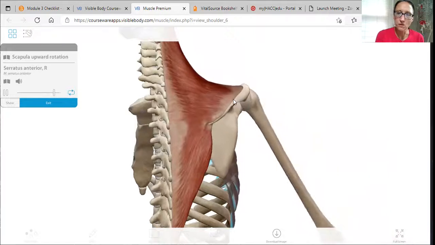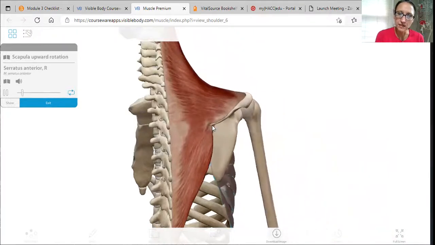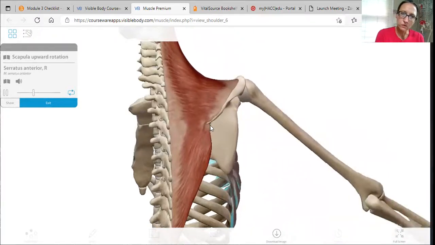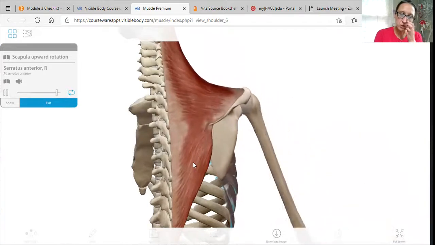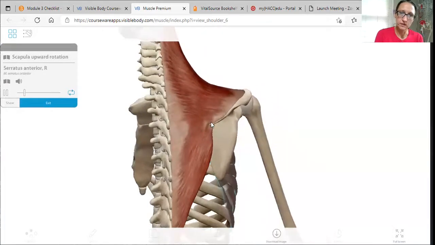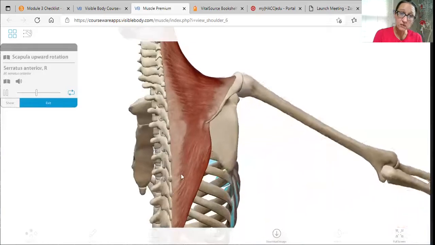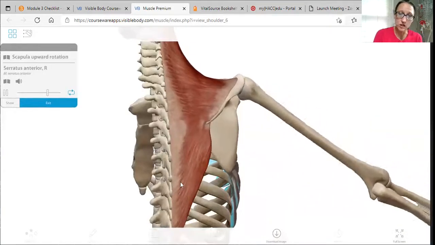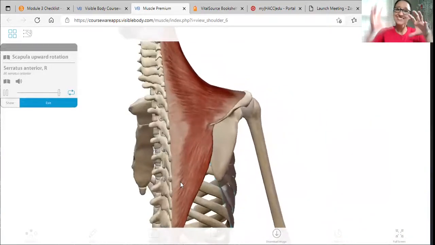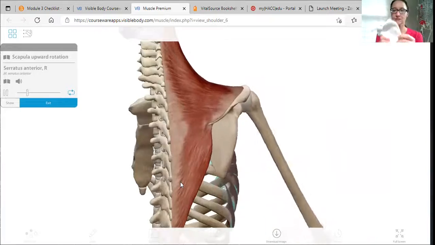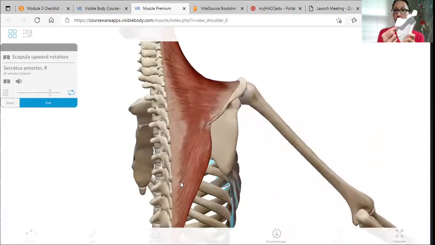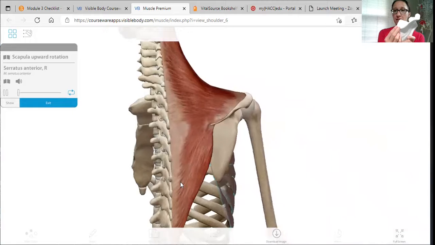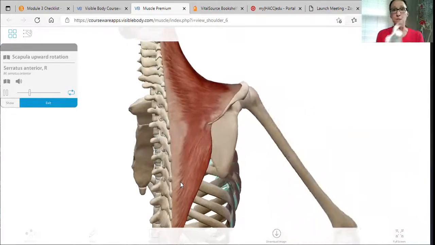So they're not pulling all the way out here, they're pulling from right here. So it's going to pull that part down. See, when they contract, they pull this part in that direction. It's like a horizontal direction kind of, which tilts the whole scapula. If you're pulling down from here, it goes like that and tilts the whole scapula into upward rotation.